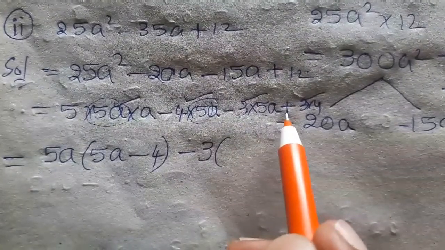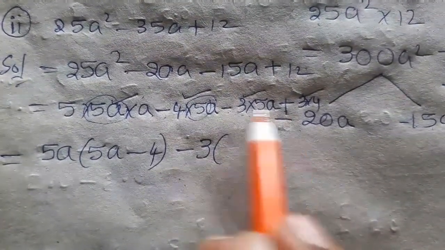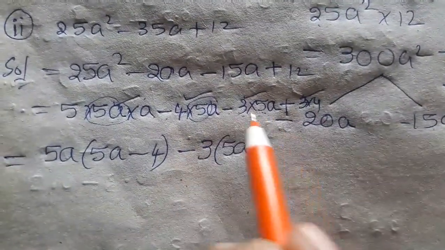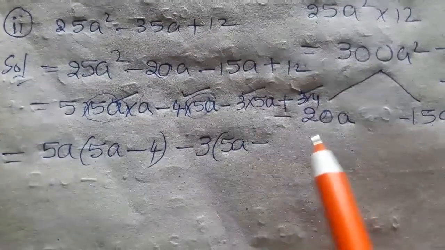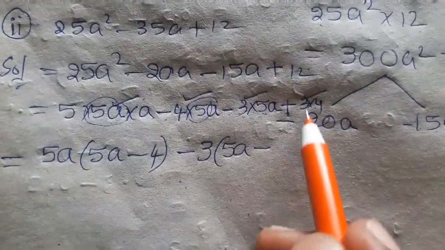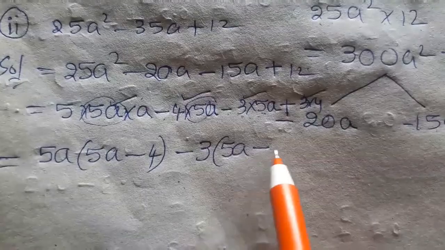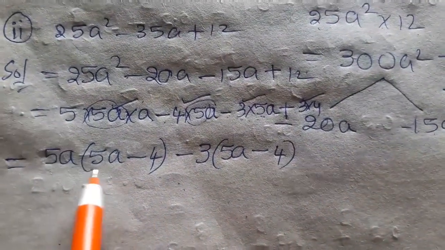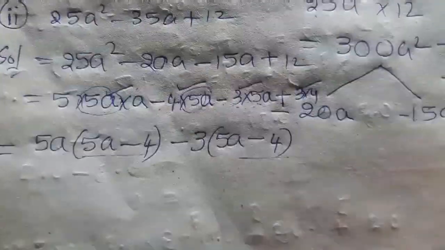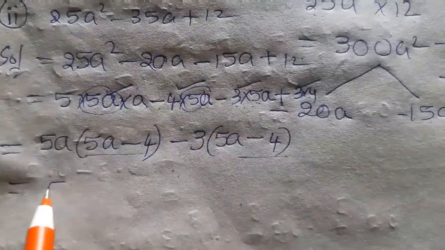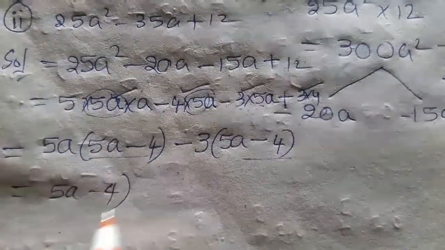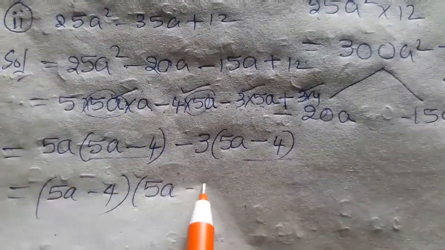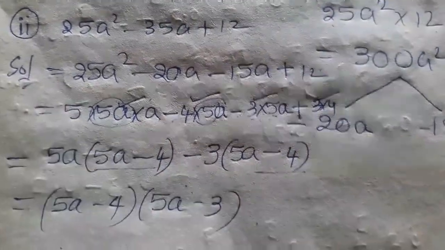Here minus into minus became plus, so 5a as it is. This minus is common outside, so inside there is another minus. Now 5a minus 4, 5a minus 4, take common once again. What is left? 5a minus 4 is common, so the remaining is 5a minus 3.